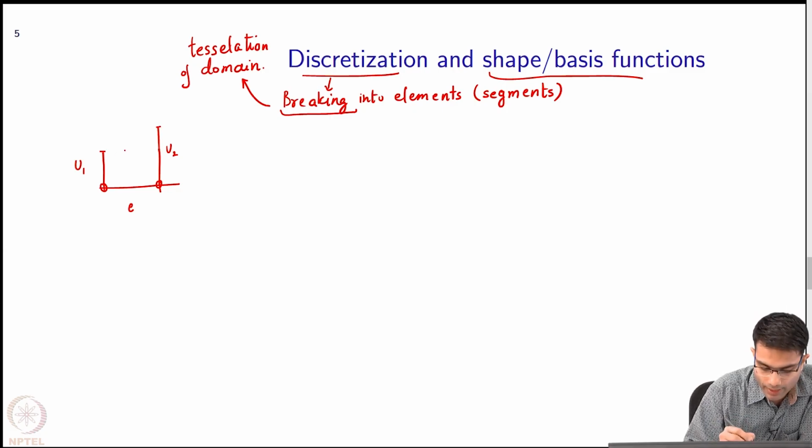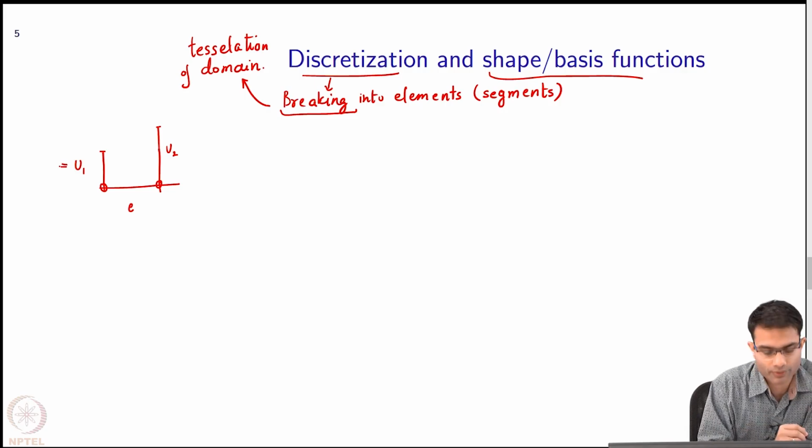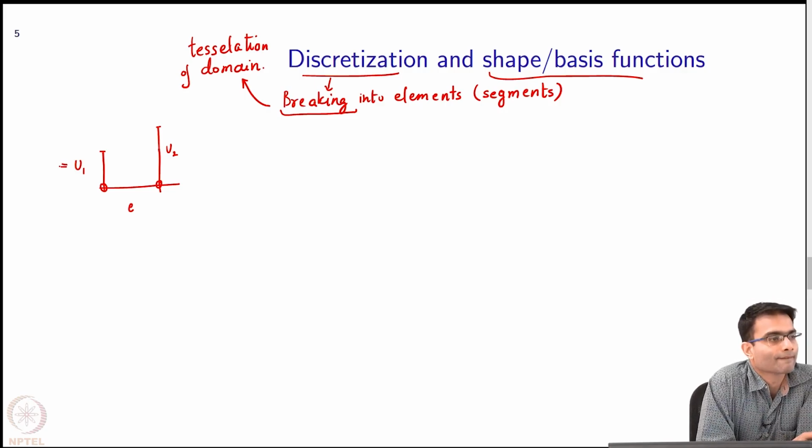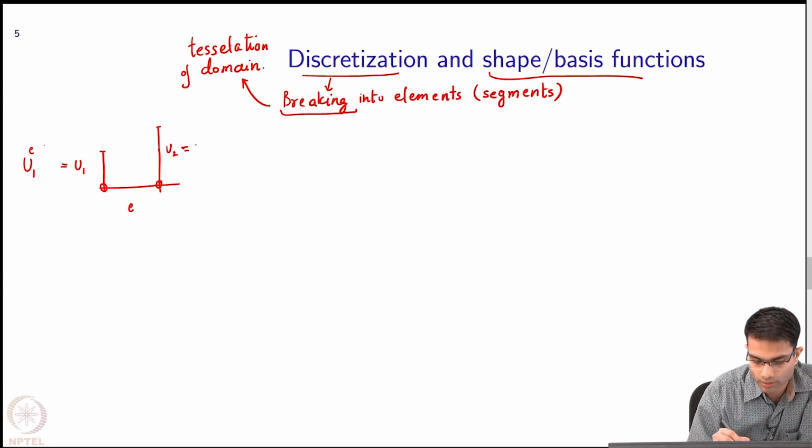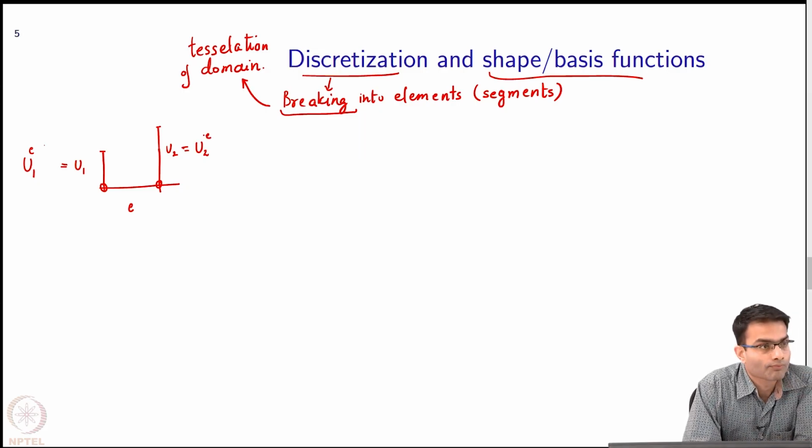Okay. And what is the local name that we will give for u1 here? So it will be u1E, just E, right, and this guy will be u2E. Is that right? Yeah.